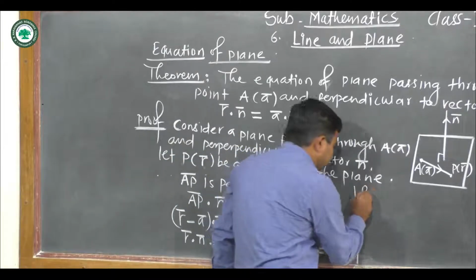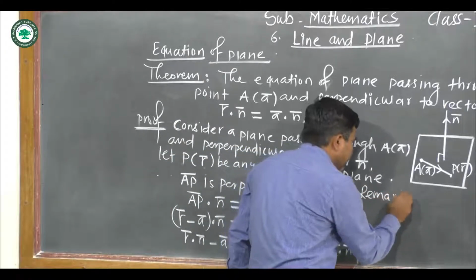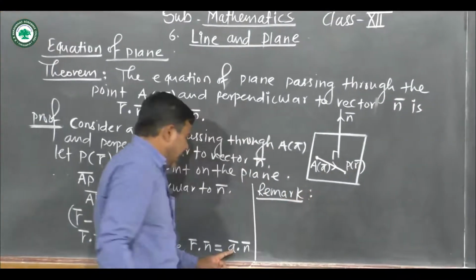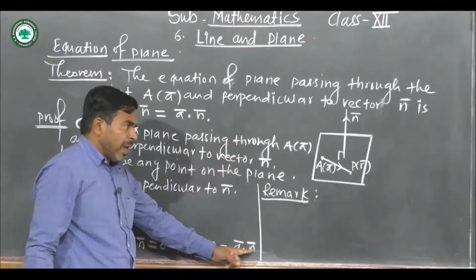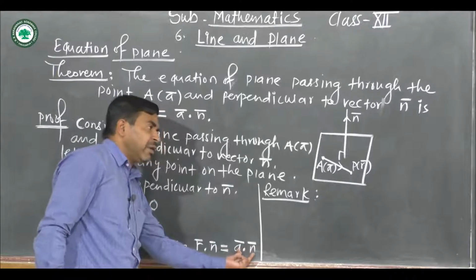In the remark, see here a bar is given, n bar is given, so a bar dot n bar can be found.